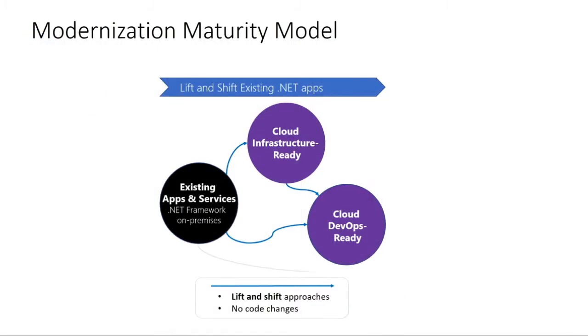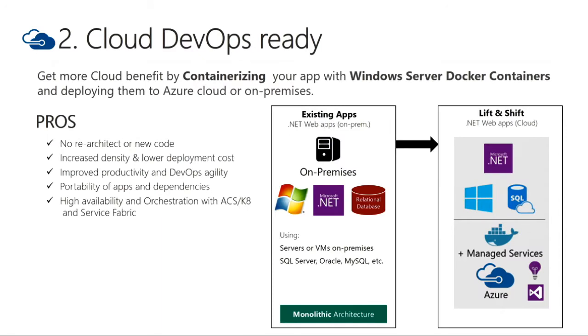For sure. So what we're going to do is go into the second way of lift and shift, which is cloud DevOps ready. And this is something we're going to spend a lot of time on in this talk, and Cesar is going to talk about this. Thanks a lot, Ankit. Yeah, so this is about cloud DevOps ready.